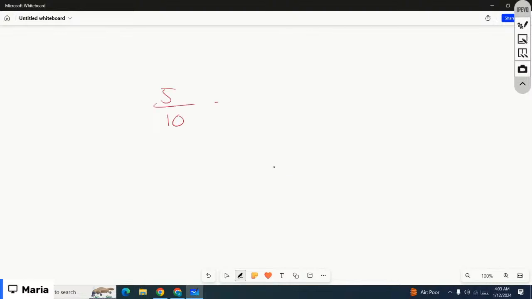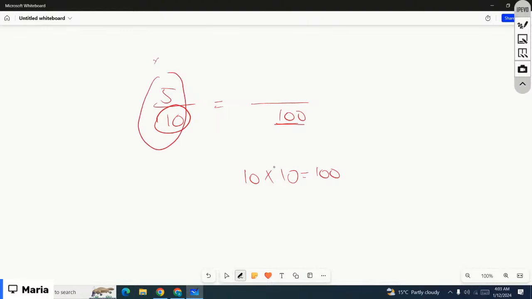You are given 5 over 10. You need to write down the fraction that has the denominator 100. So 10 times what number makes 100? 10 times 10 makes 100, right? You need to multiply this whole fraction by 10, both the numerator and the denominator. 10 times 10 is 100 and 10 times 5 is 50.